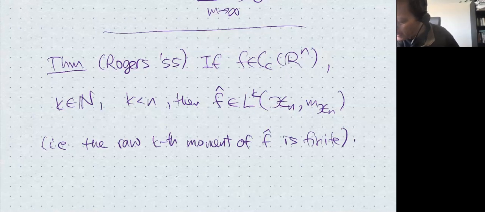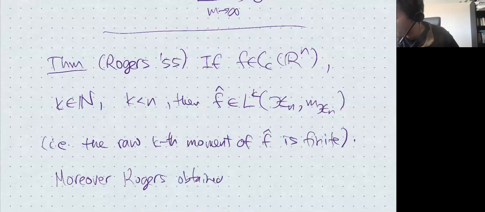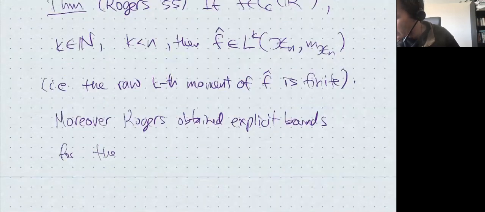Moreover, we're going to see Rogers obtained explicit bounds for this kth moment.